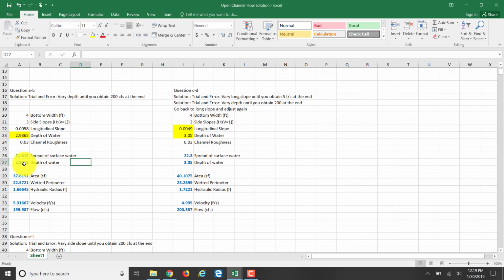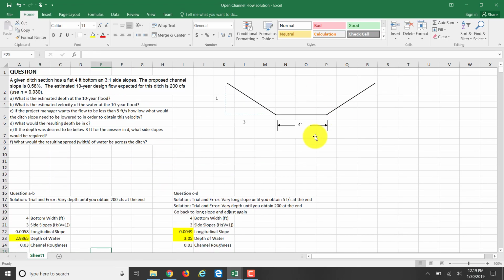So this is merely a copy of this particular cell, which is the depth of the water. So now I know what I need in order to figure out my trapezoid: one base and the other base.